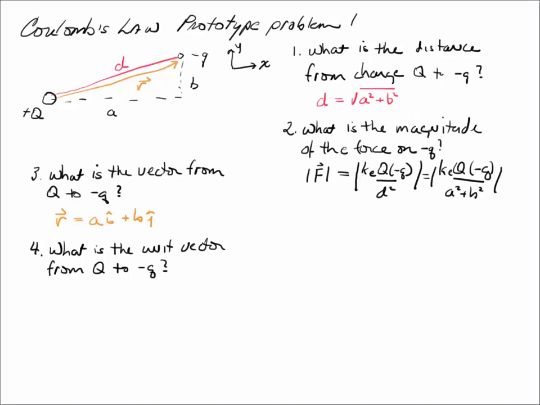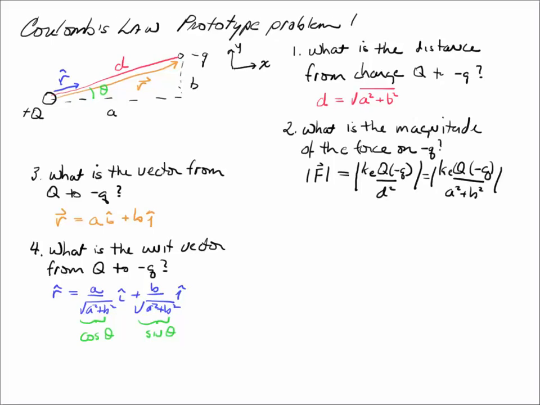Now, what is the unit vector from positive Q to minus Q? Pause the video, write your answer down. Now, of course, that is R hat equal to A over square root of A squared plus B squared, I hat, plus B over the square root of A squared plus B squared, J hat.